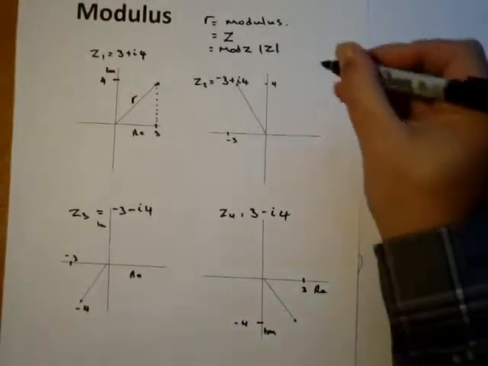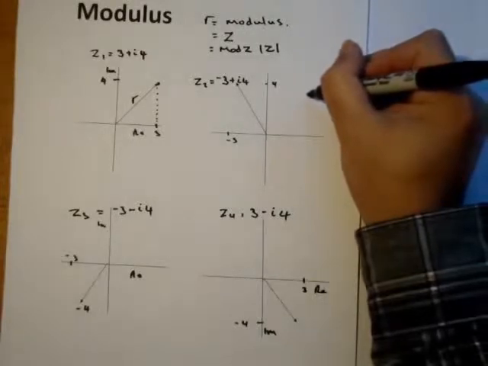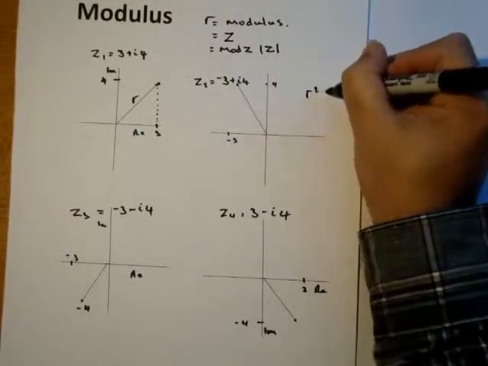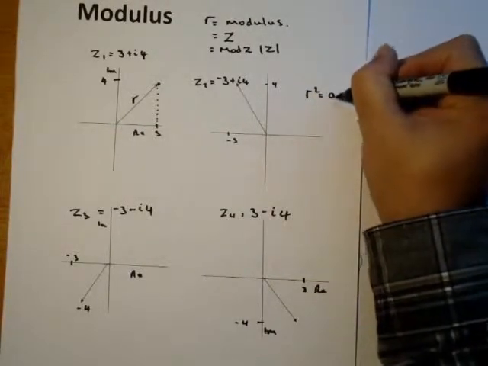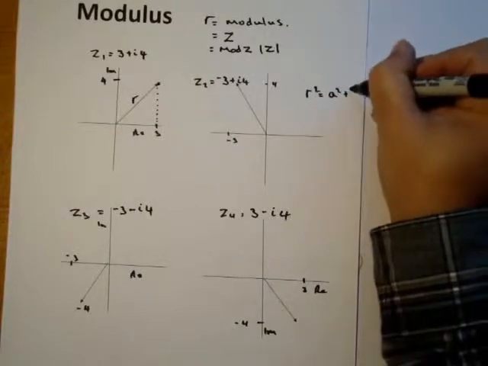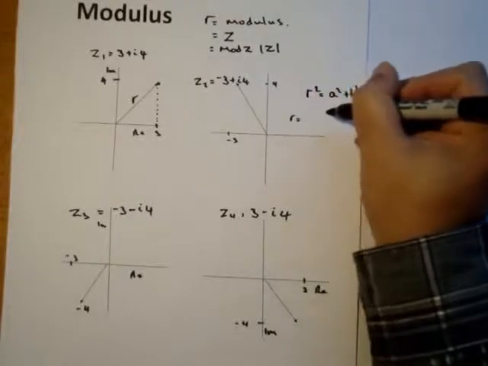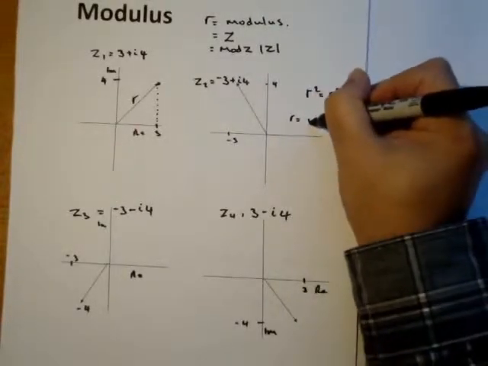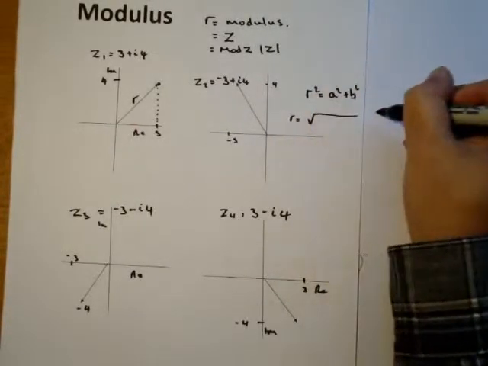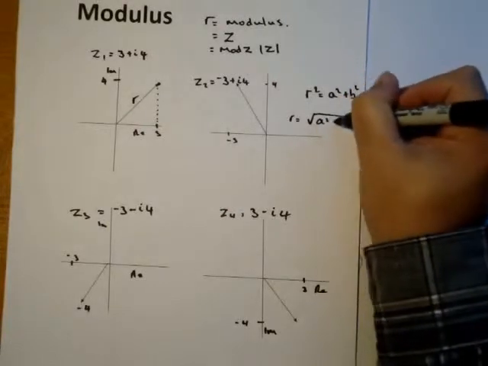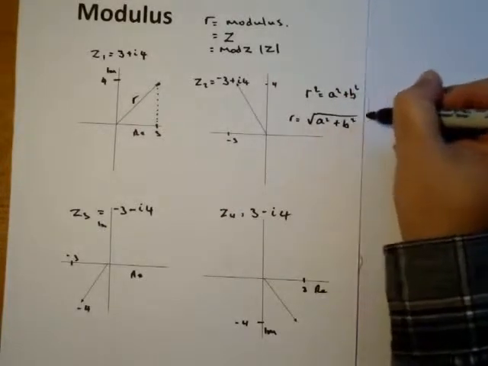Now, from Pythagoras we know that r squared equals a squared plus b squared. So r in each of these cases is the square root of a squared plus b squared.